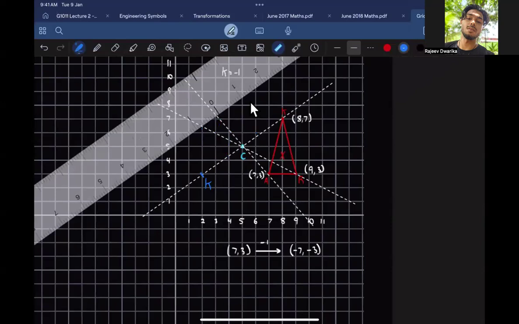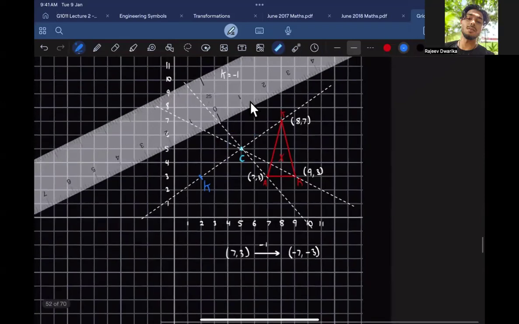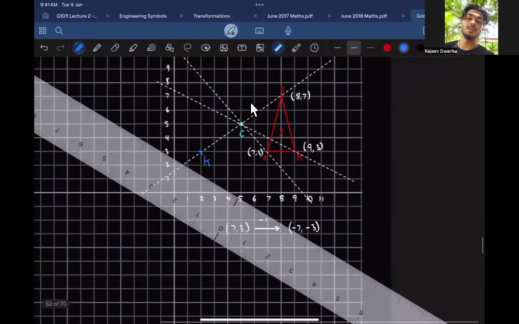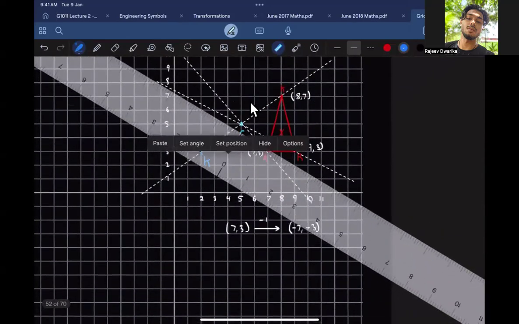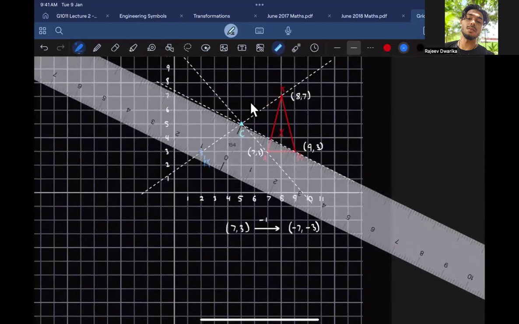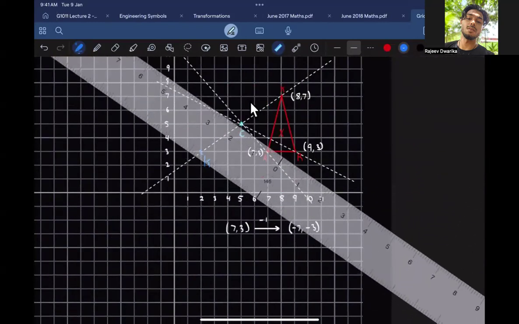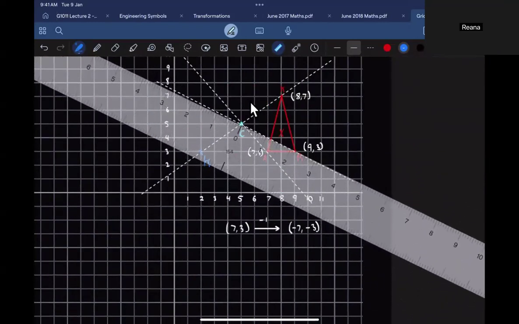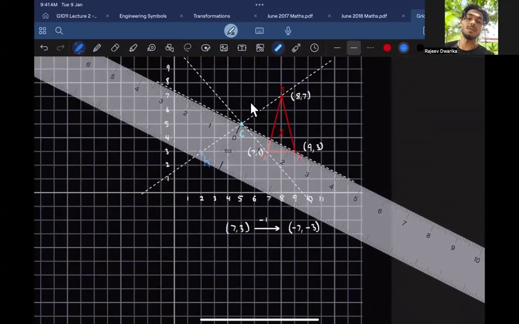Okay. Now let me take another point into consideration. Which other point do you want to deal with next? R. Okay. So I'm gonna measure the distance from the center to R. What is our distance from the center to R? You can read that there. What's the distance looking like?